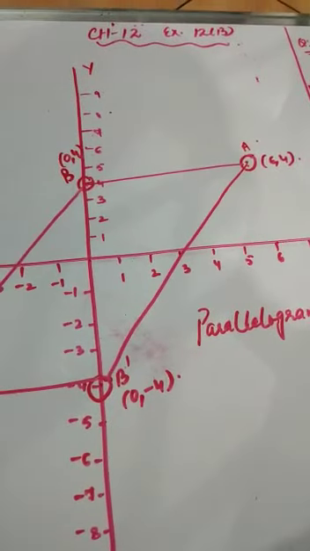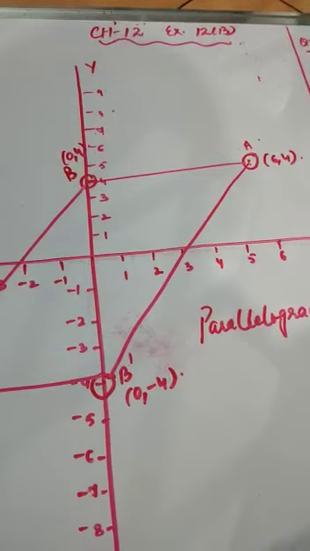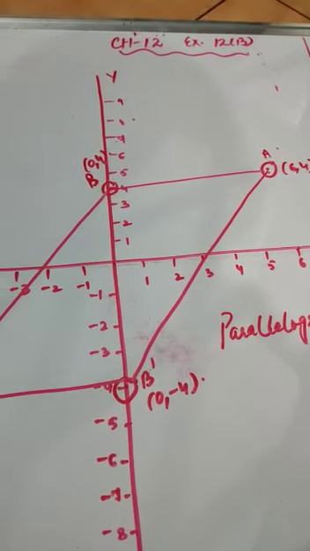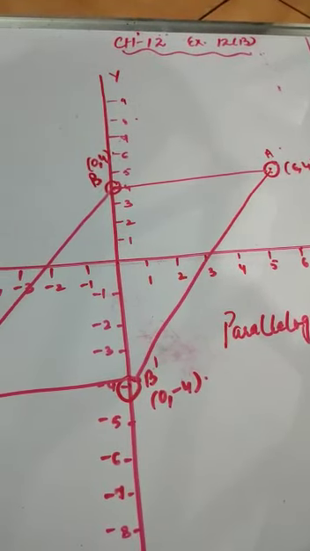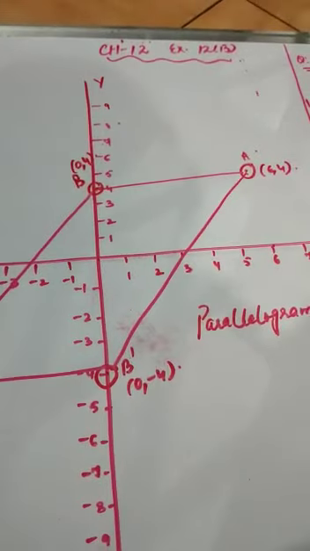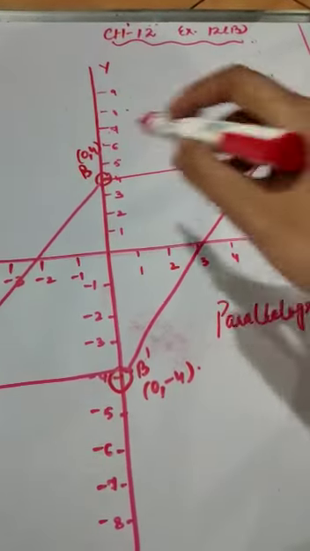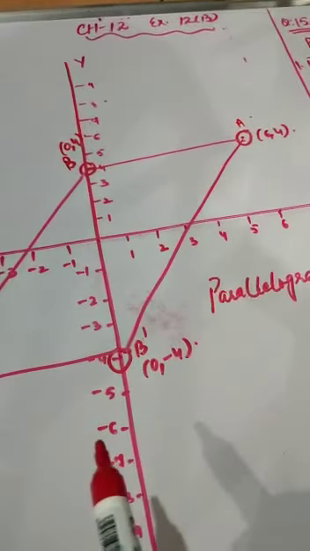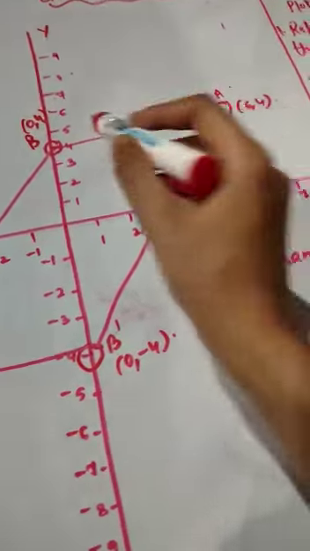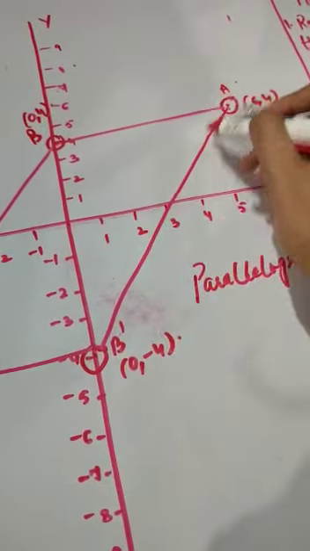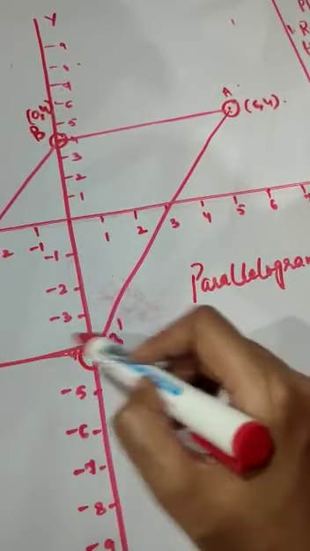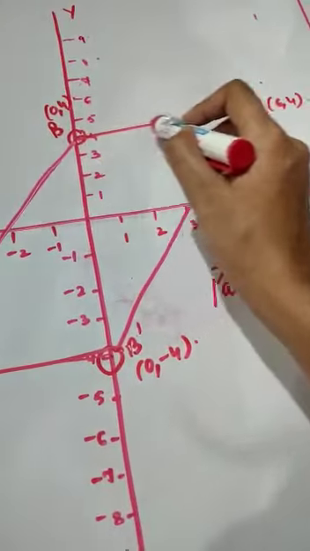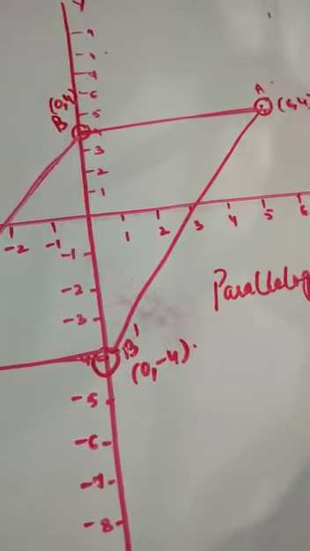Now the question is, we have to find the perimeter. We know that perimeter is the sum of all sides of the figure. So we have here 4 sides: one is AB, the others are BA dash, A dash B dash, and B dash A. This is the boundary, and we have to find the perimeter.